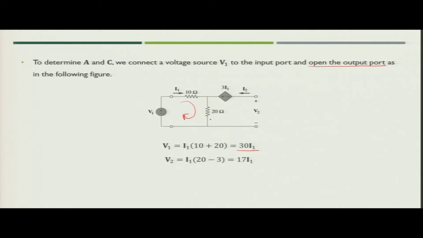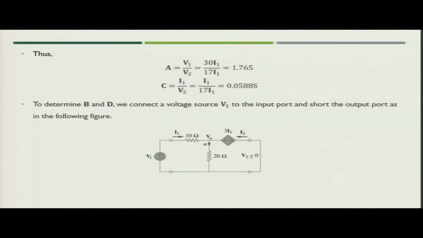So, the voltage drop across 20 ohm will be 20 I1, and since the dependent voltage source is connected in opposite polarity with respect to V2, we will write this particular voltage drop as minus 3 I1. I1 is common, we take it out, so it will become 20 minus 3. So, V2 will now become 17 I1.